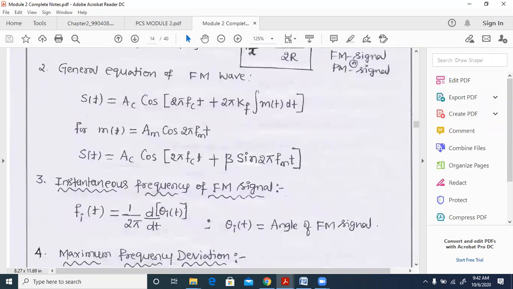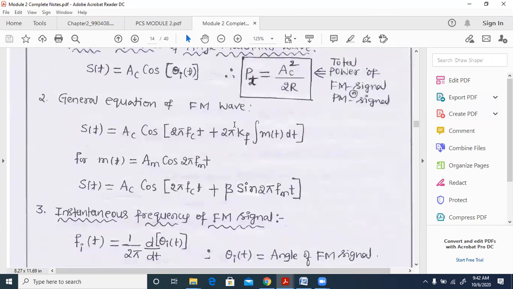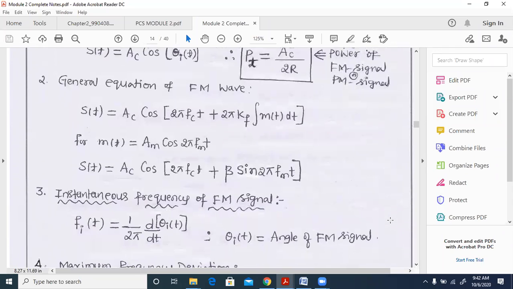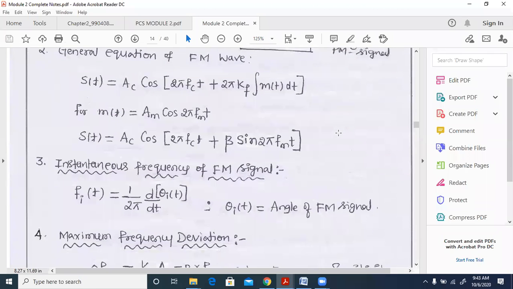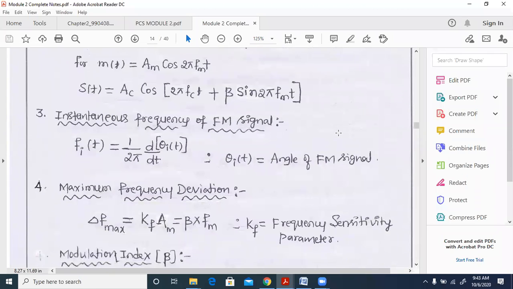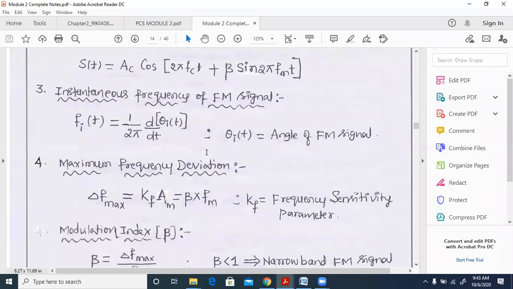Here we are talking about FM only, so it is this. Theta i(t) means this, that should be differentiated with respect to dt. So therefore, it will be 2 pi fc, because if you're differentiating this with t, you'll get 2 pi fc plus, again you need to integrate it and then differentiate it, whatever we have. So theta i(t) is the angle of the FM signal.